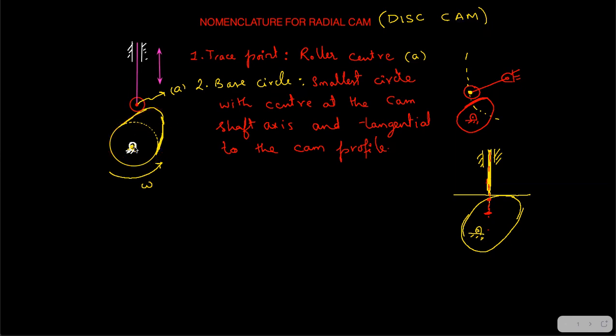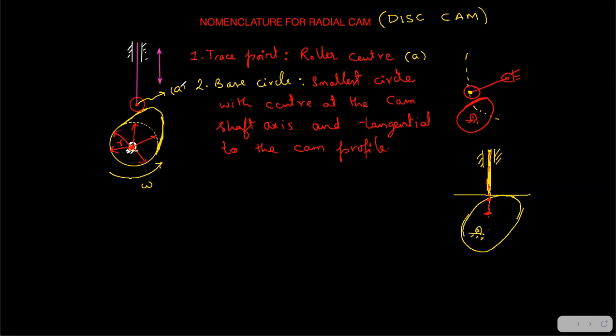So the smallest circle with camshaft axis as center. Okay. Where is camshaft axis as center? See, this is camshaft axis as center, right? This is the camshaft and smallest circle, and it should be tangent to the cam profile. Means I think this circle with the radius will be your base circle, right? Which is equal to this, which is equal to this. So this is your base circle radius.